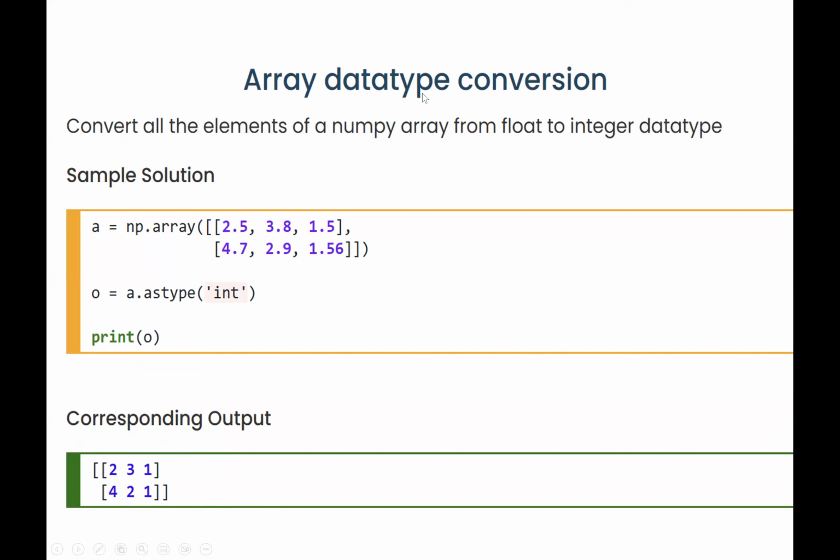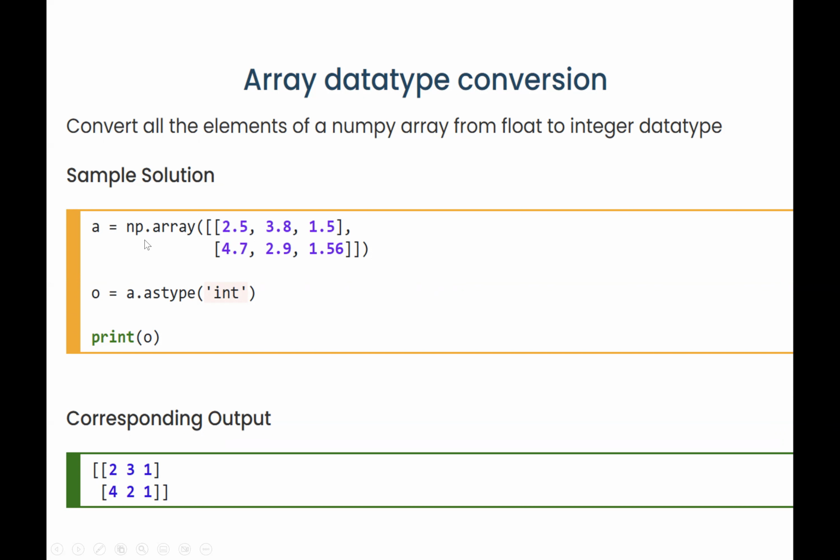Next, we also talk about array data type conversion. We can always convert. So let's say we have an array here. We can see our data is decimal values, or double or float values, 2.5, 3.8, etc. Now we want to convert it to integer, a whole number.